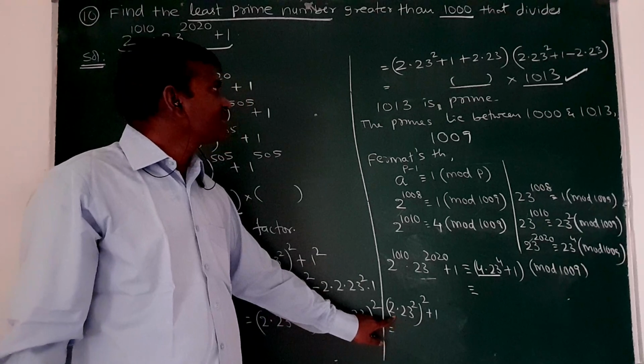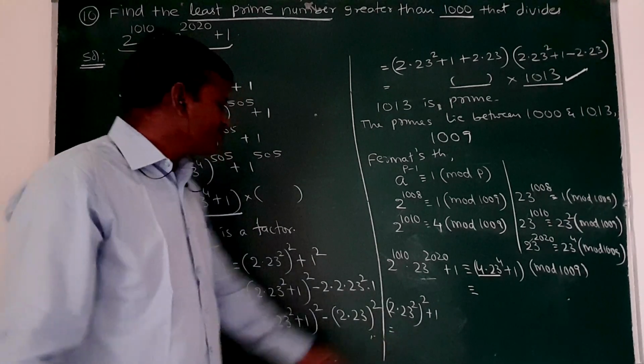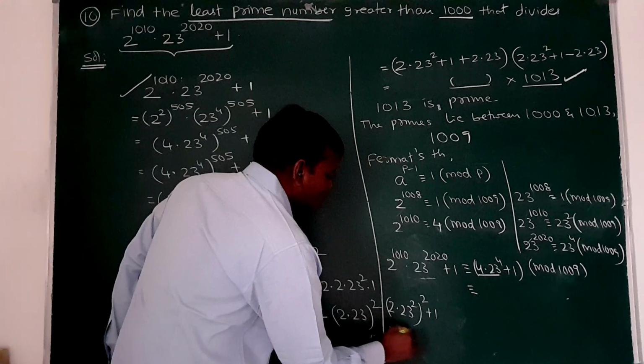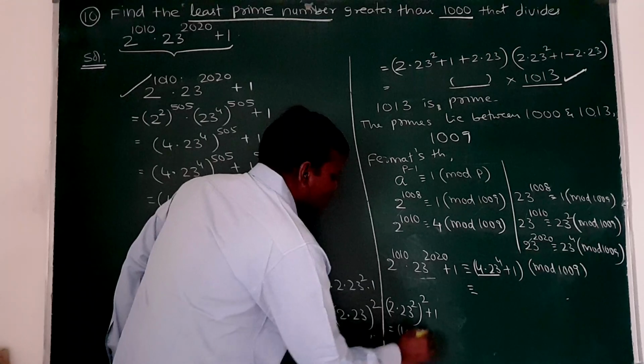So 529 into 2 is 1058. That means 1058 whole square plus 1.